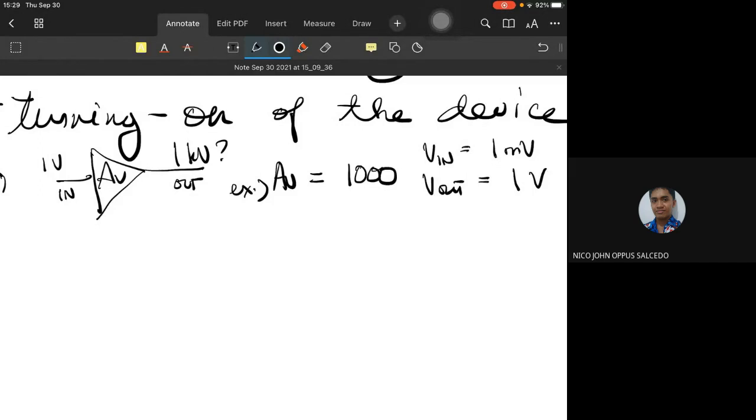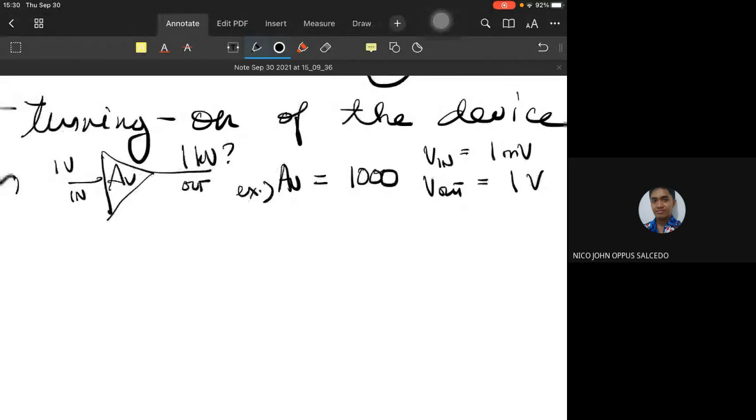Are we seeing amplifiers used like this in a practical sense? That is the purpose of an amplifier. Where do we usually see amplifiers? The context here is amplifier in a general sense.